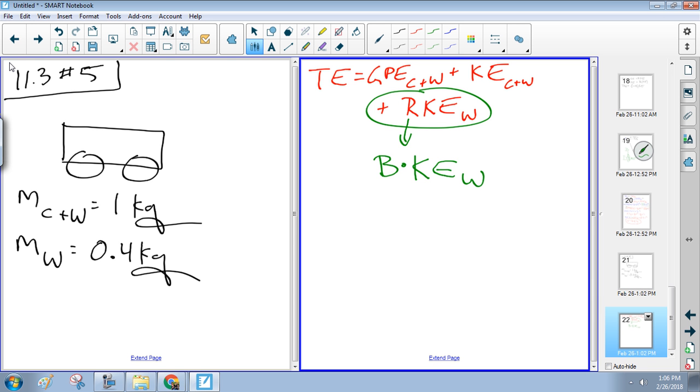Does it say the wheels are a hoop? Let's see. The wheels can be treated as uniform disks. So a uniform disk is 1/2 mr squared. So there's my B. Does that make sense, you guys?